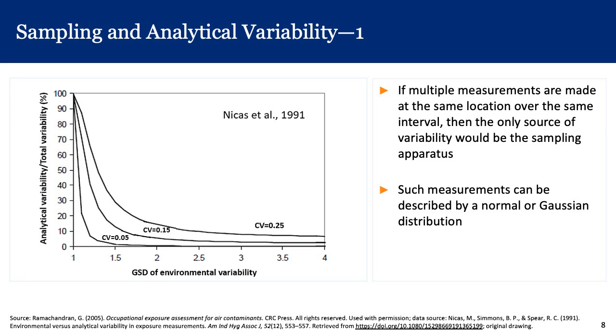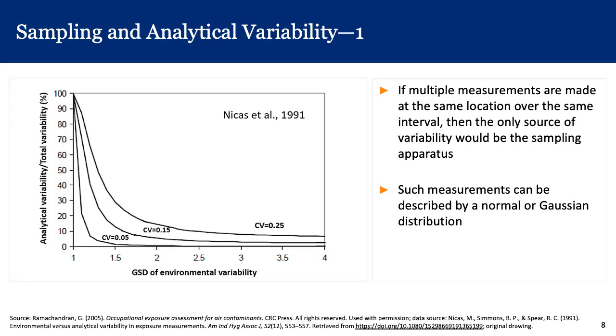So if you have a very precise method, let's start with a CV of 0.05, and let's say a geometric standard deviation, GSD, of somewhere around 2.5. These are typical workplace variabilities. Then, in fact, the analytical variability contributes close to zero of the total variability that you have observed in your measurements. So all the variability comes from the variability in worker exposures.